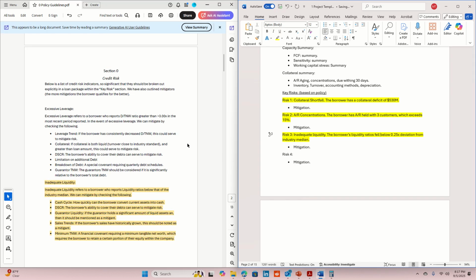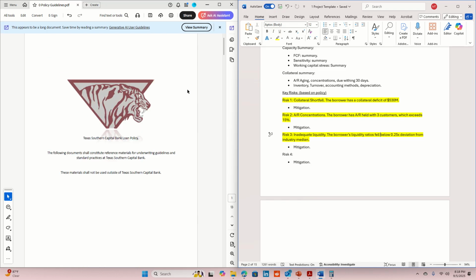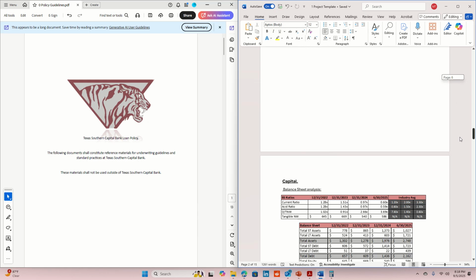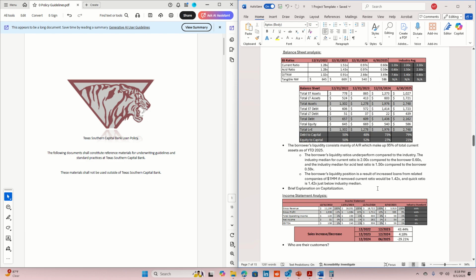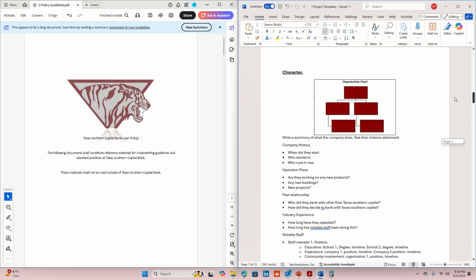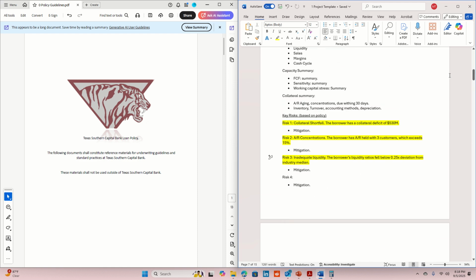You might be wondering, like, hey, Makai, how'd you know how to go and do that? What made you know to go and check policy? Well, one, I don't expect you guys to come up with this stuff on your own. I don't think that you're going to know when a company's liquidity is bad. Because you guys are still learning, I'm just going to let you know how you can get into habits of recognizing when it's bad.